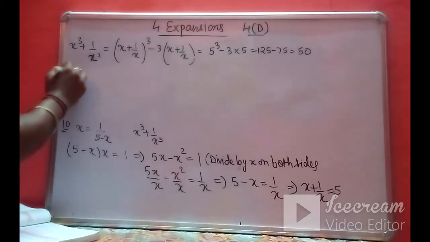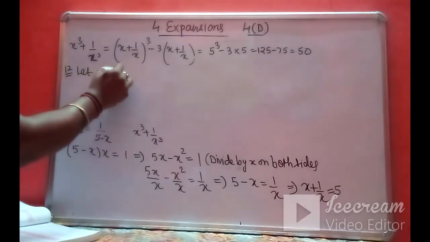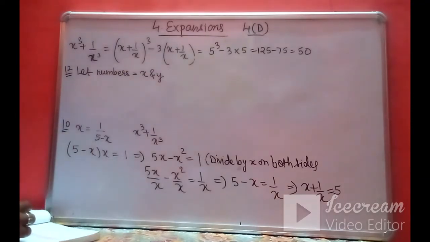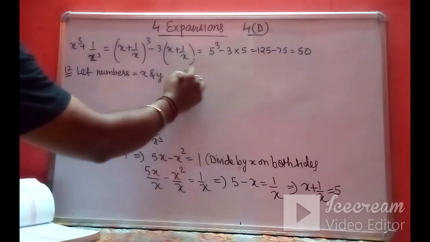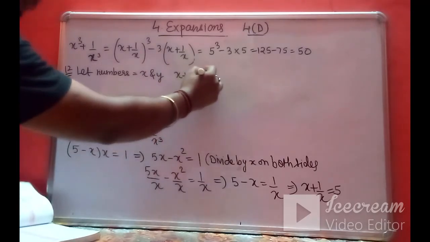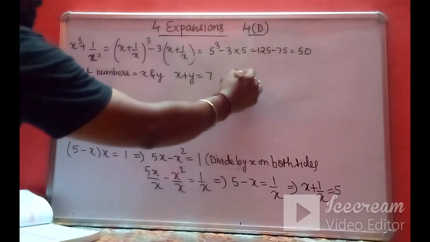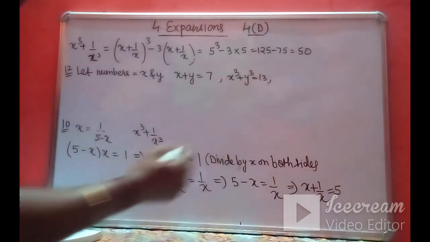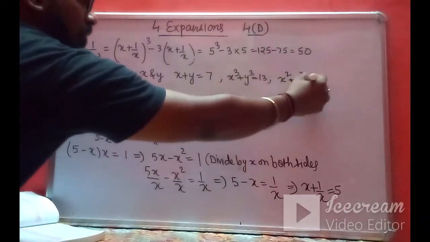Okay, then 12th question says the sum of two numbers. So let the numbers equal to x and y. Given is the sum of two numbers is 7 and the sum of their cubes is 133, and we have to find the sum of their squares.